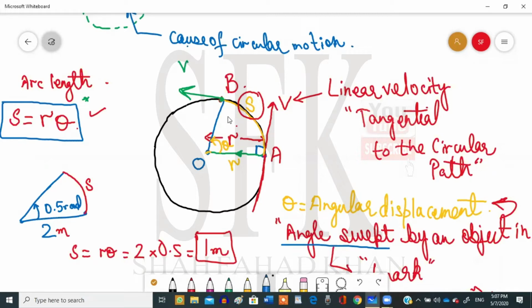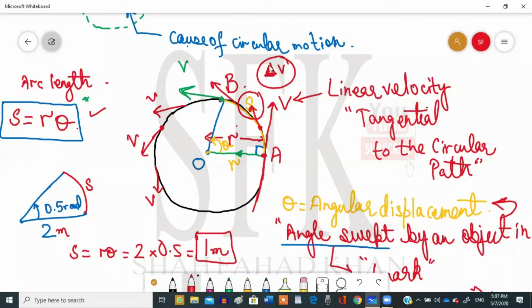Velocity is not constant. Velocity keeps on changing. The reason is because it is a vector. At every point, the direction of this velocity keeps on changing. Although the object is moving with a constant speed, its direction at every point is changing. So since its direction is changing, the velocity keeps on changing.